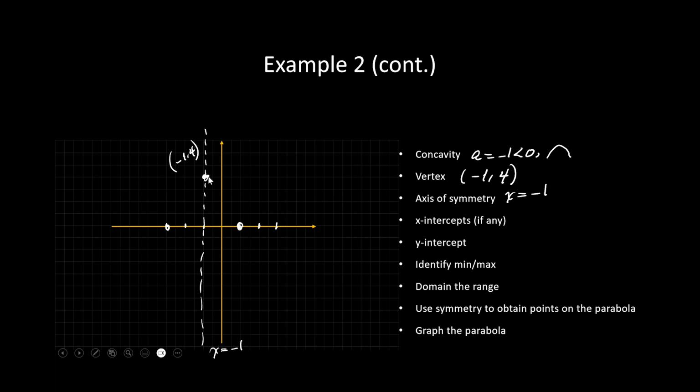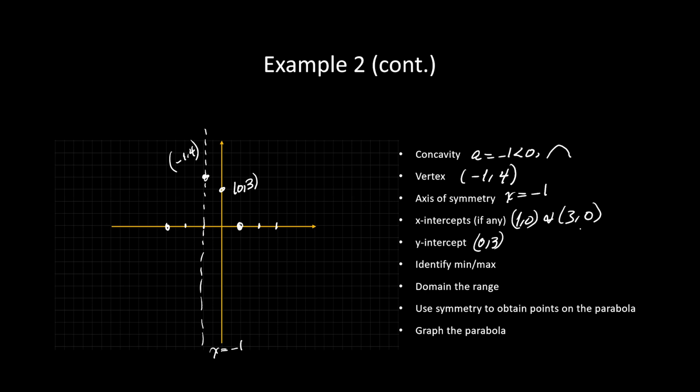If this is the vertex of the parabola, the parabola has to go through these 2 points because they are the x-intercepts. And by the way, the y-intercept is right here also. This is 0, 3. This was 1, 0, and negative 3, 0.